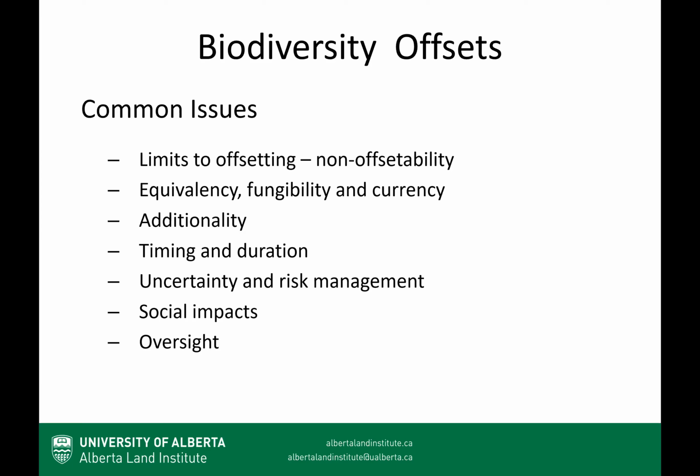It also raises the issue of whether we necessarily want to replace ecosystem components with identical ones on another site, or whether we want to use the general framework of offsetting to so-called trade up, that is, replace lower value ecosystem components with higher value, more rare, more valuable ones. And there's a lot of interesting issues to be discussed there.